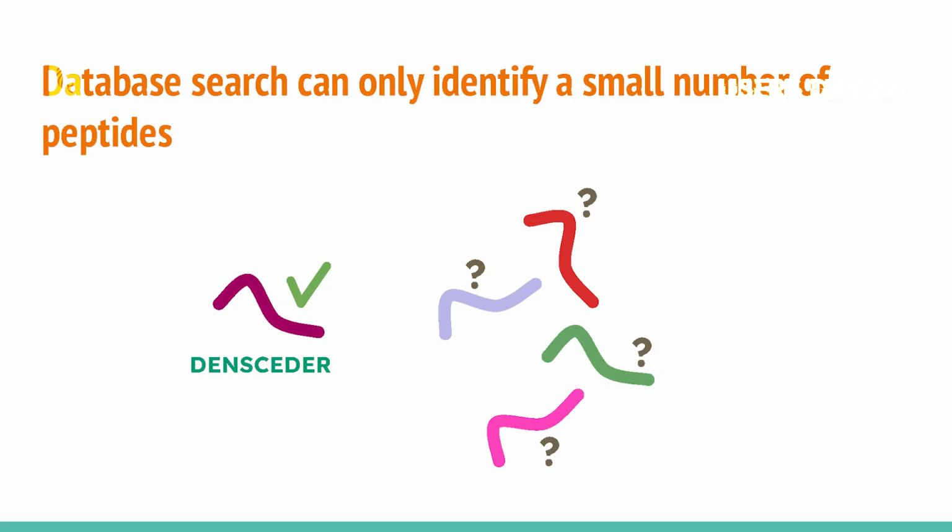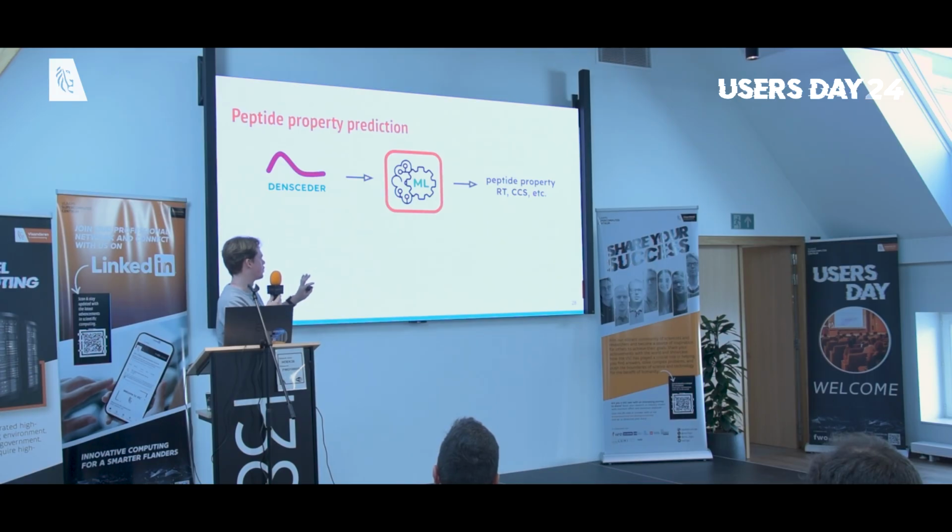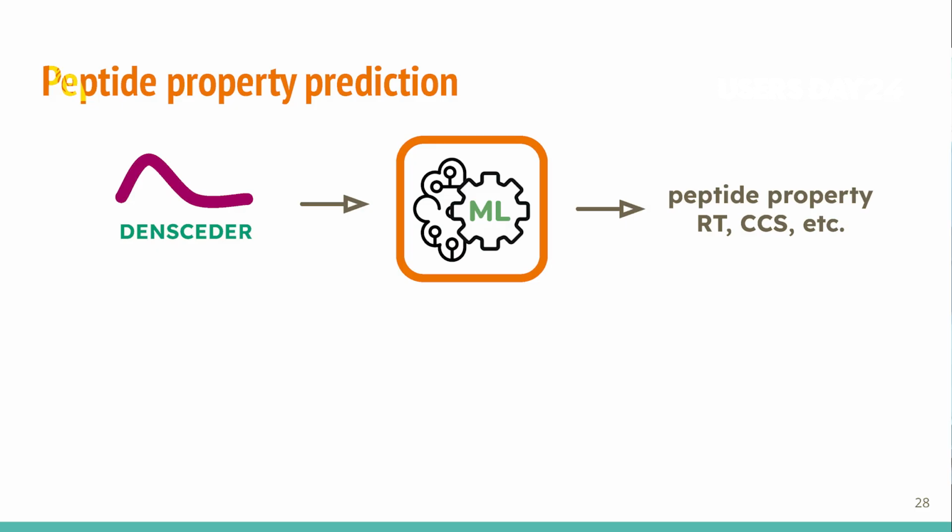But unfortunately, this method only works for a limited number of peptides, and for most of them the data is not good enough to actually identify the peptide. So what we do in our lab is we use machine learning techniques to predict properties of peptide sequences.